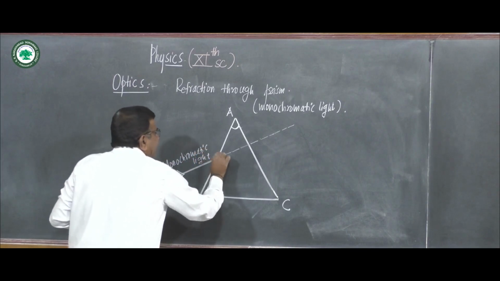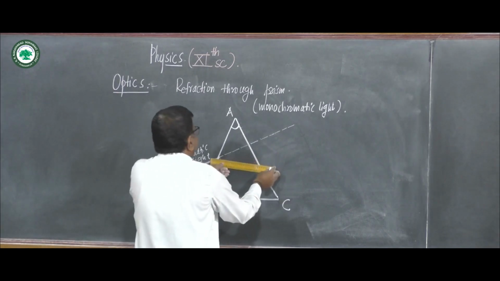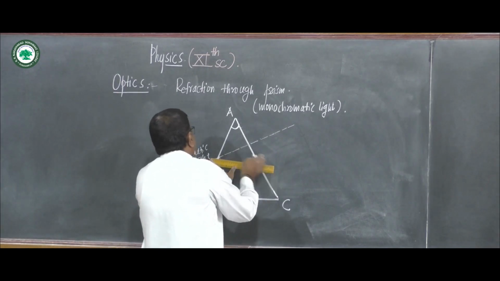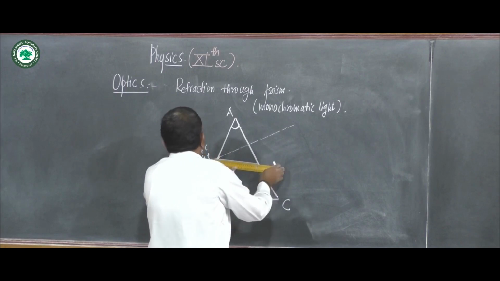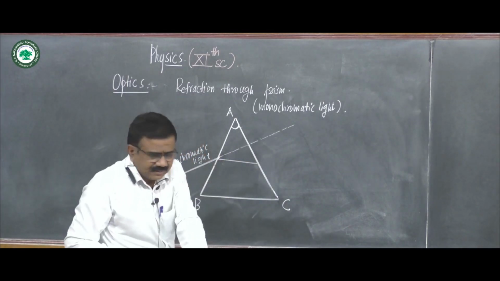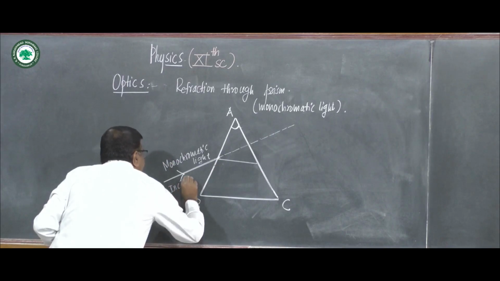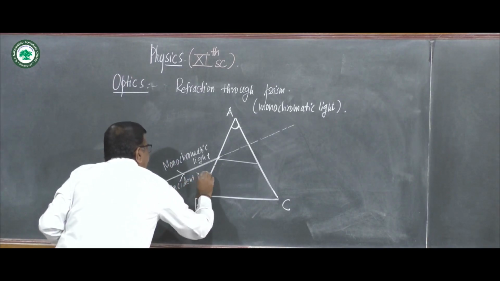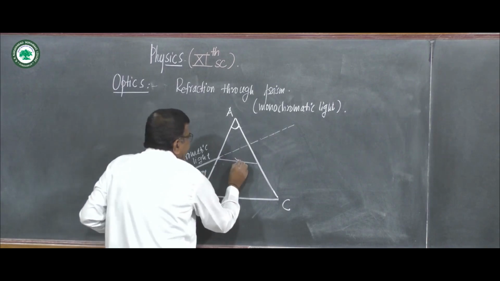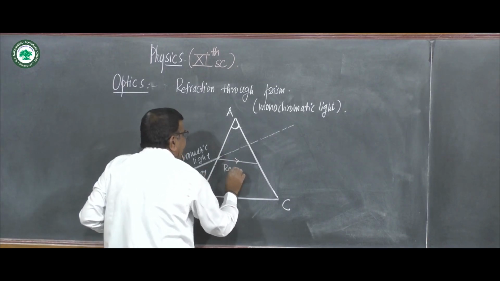At this point the ray is refracted, that is, it changes its path. This is the incident ray. This ray is the refracted ray.